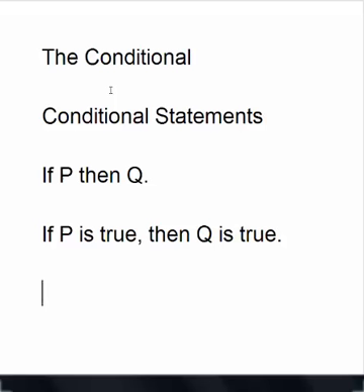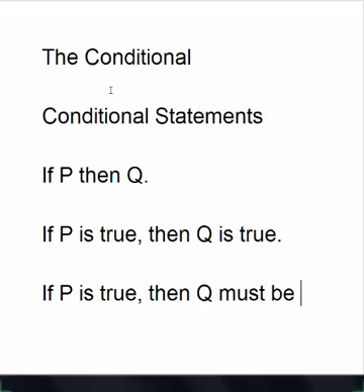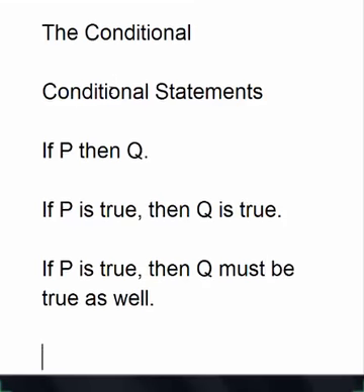That P somehow causes Q, and that's fine. But in terms of logic, whenever you see a conditional of the form if P then Q, it may help to say to yourself, well, what that means is that if P is true, then Q is true, or even if P is true, then Q must be true as well. That's sort of what I tell myself.